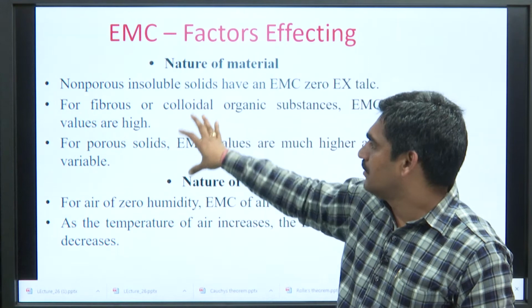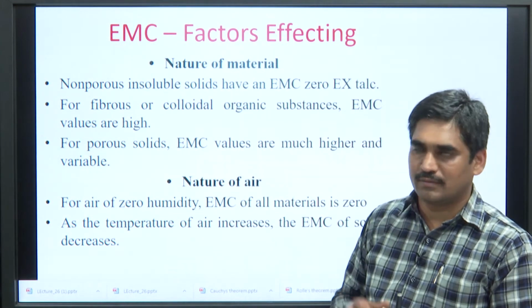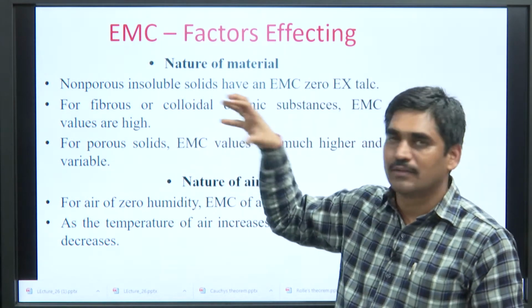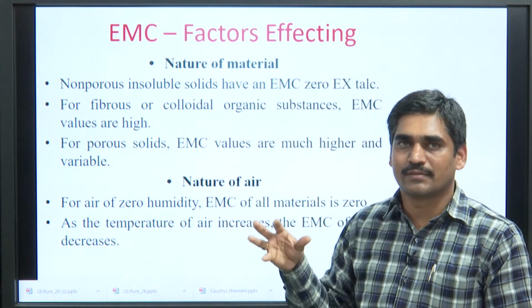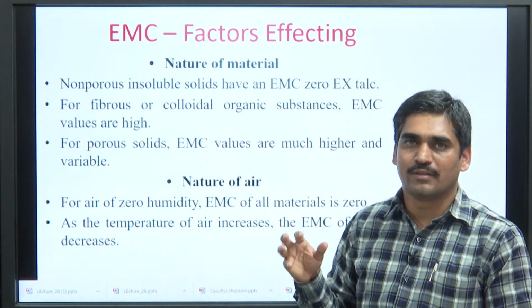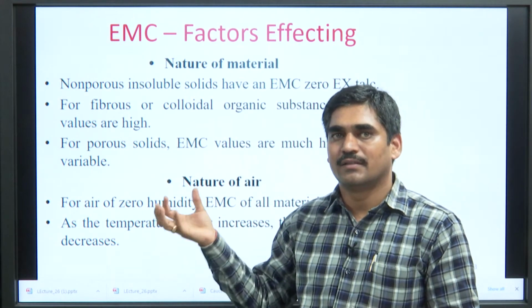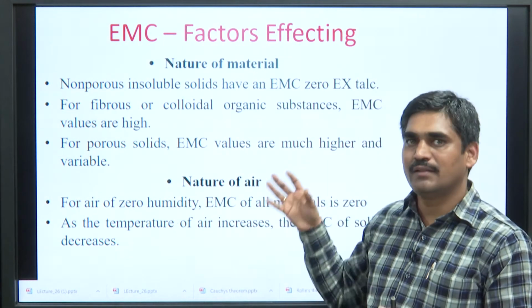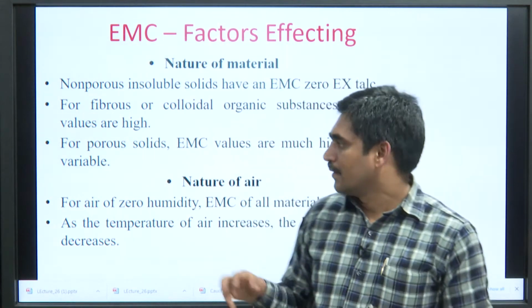So, if you see these points, if the material is non-porous, then EMC is very low. If it is fibrous or colloidal organic substances, then EMC values are high. If it is a porous solid, then EMC values are much higher and variable.